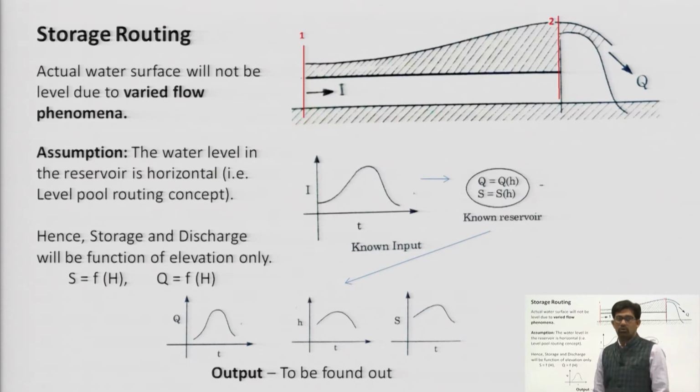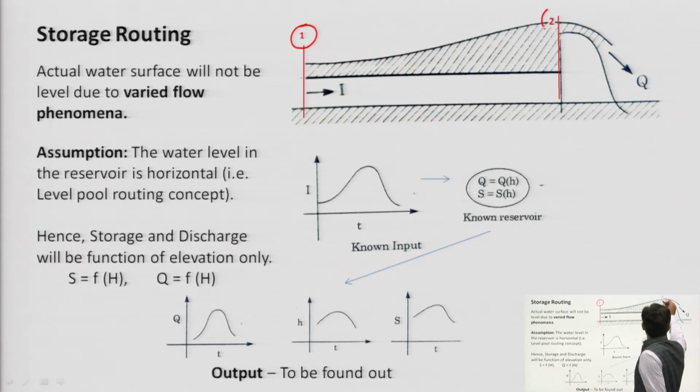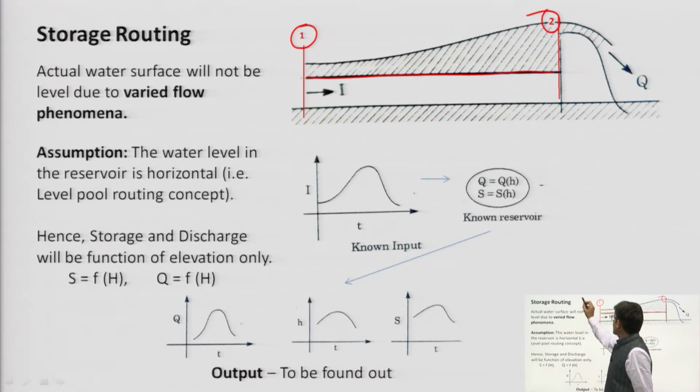Okay. So, in reservoir routing, section 1 is this one and section 2 is this. This is the initial level of the water before any inflow hydrograph enters at section 1.